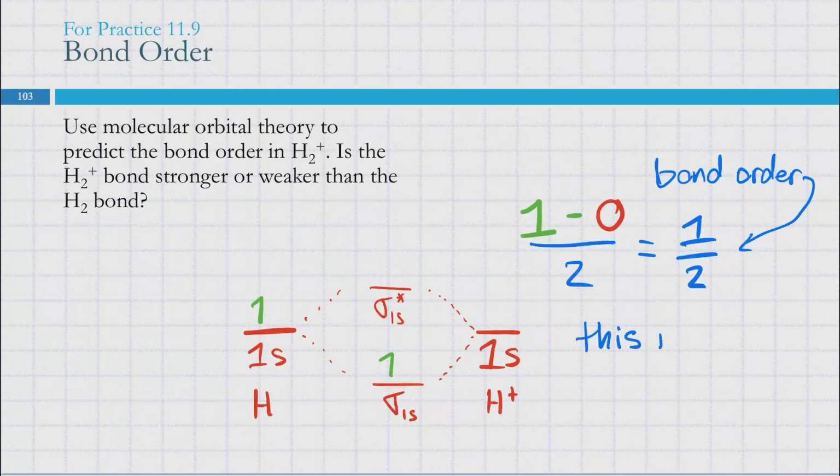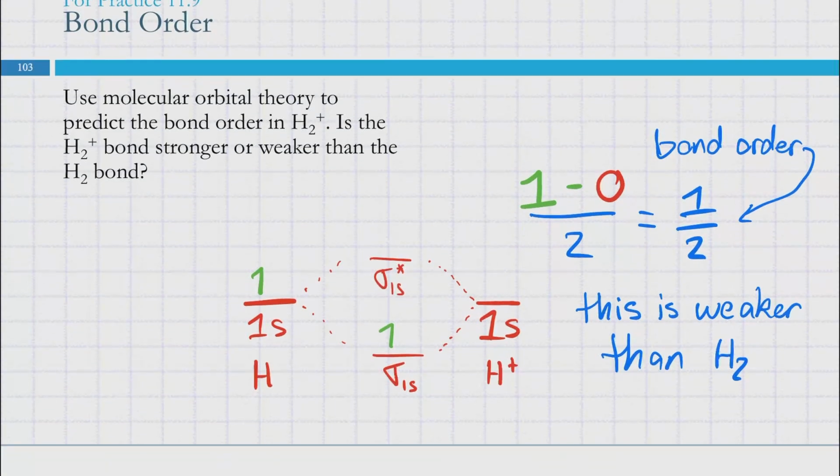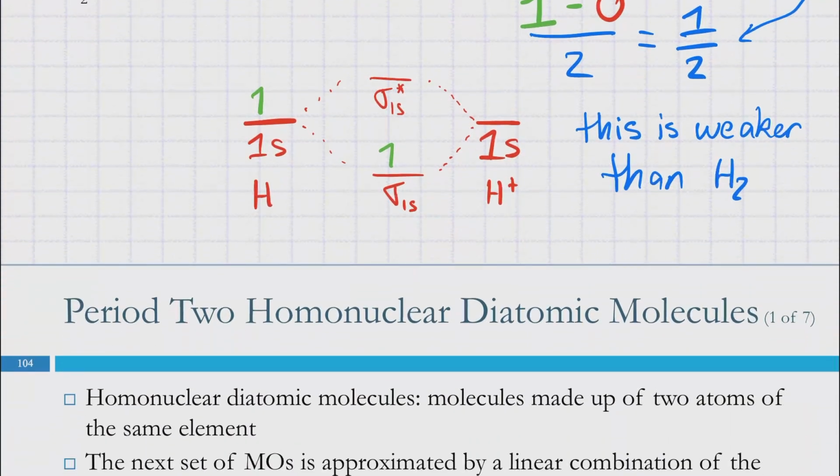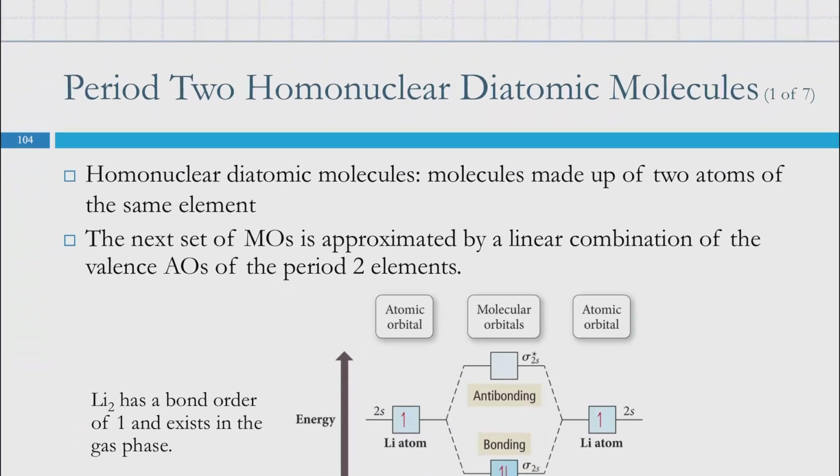So this is weaker than H2. The higher the bond order, the stronger it is. Correct. Yeah, higher bond order is stronger, lower bond order is closer to not existing, which would be 0 or negative. So that's our simplest case.